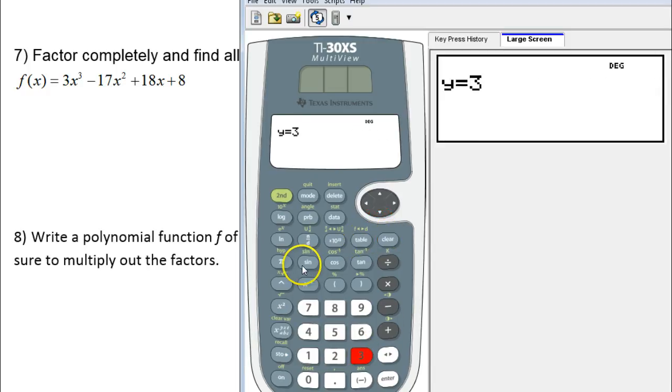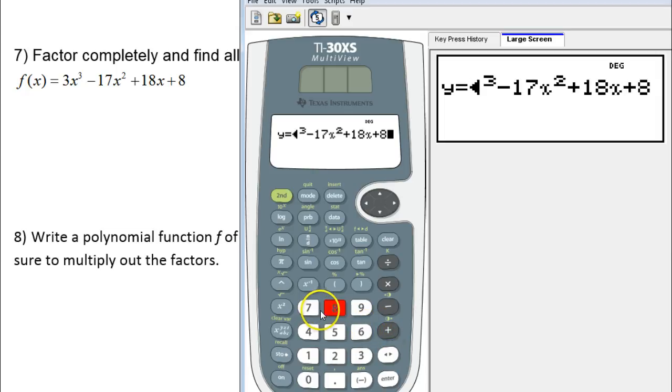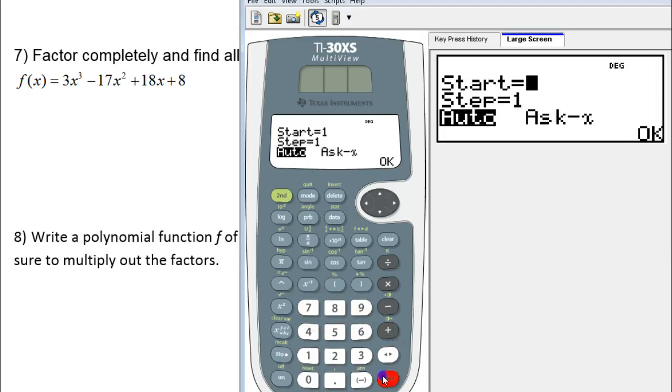So let's hit that table button. So we have 3x to the third power minus 17x squared plus 18x plus 8. Okay, I like to start at negative 10 because it rarely goes past that.